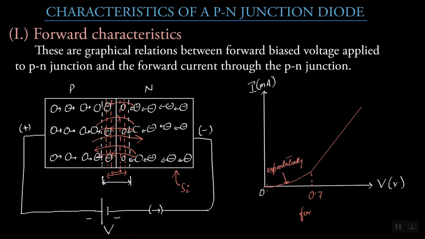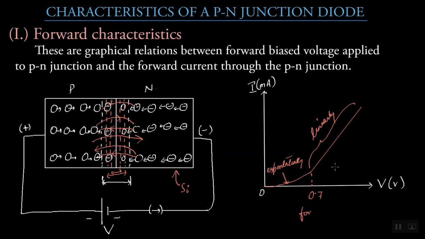Got it? But beyond 0.7 volt, the current will start to increase linearly. Is this clear? So this graph, which shows the variation of current with the applied biasing voltage in the forward region, is called the forward characteristics. Understood?